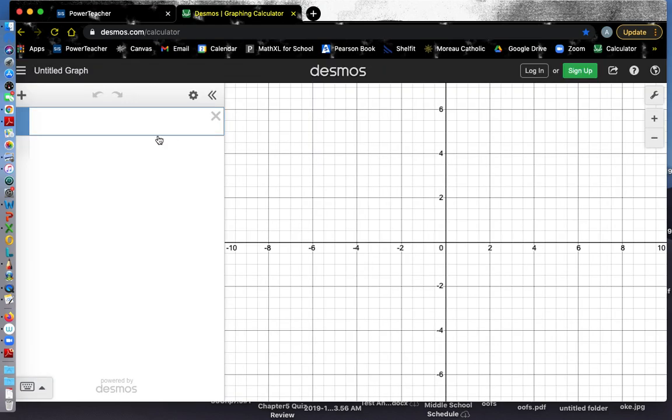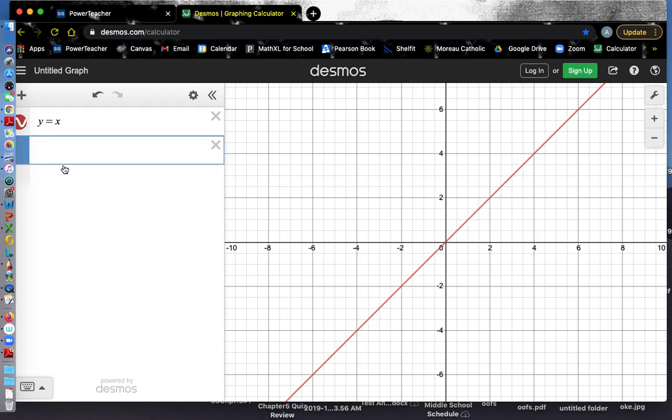Our first line is going to be y equals x. This is our baseline, where the inverses of each are the same. And the first one was y equals 2x plus 8. That would look like that.